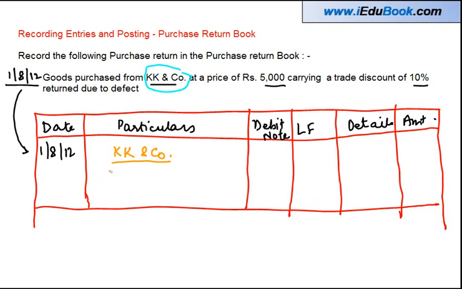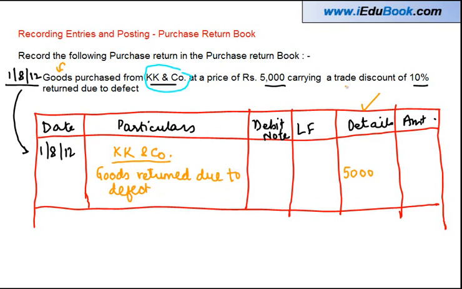Then you write down the details of what has been returned. Okay, so in this case we don't know what is the nature of goods, so we can just say goods returned due to defect. What is the value of the goods? It's 5,000. That will come in the details column.